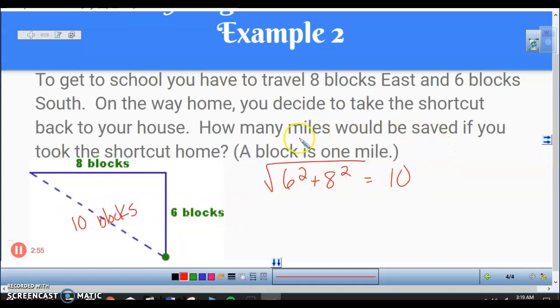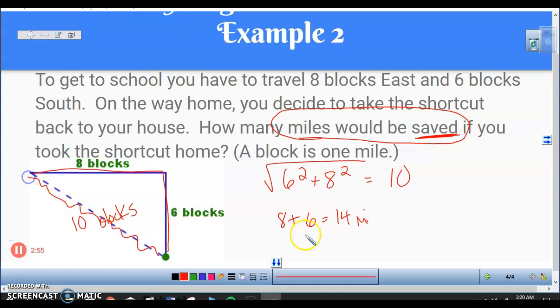But it says how many miles would be saved. Okay, key word here, how many would be saved if I take the shortcut. So if I do not take the shortcut to travel to school, I'm traveling 8 blocks plus 6 blocks, which is 14 blocks. And they do tell me here a block is 1 mile, so that's 14 miles. If I take the shortcut, I'm only traveling 10 blocks.